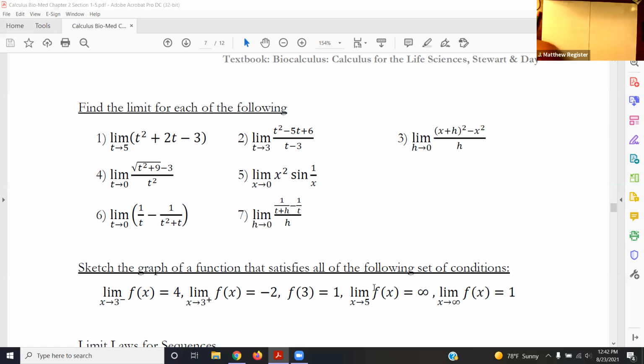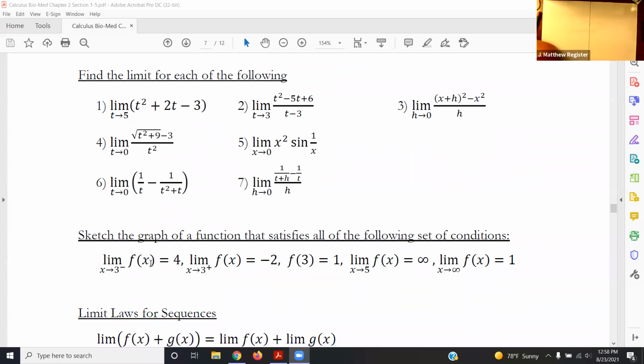Let's share the screen so that you can see this next problem. Now, this next problem is asking to sketch a graph. It says sketch a graph which has the properties: limit as x goes to 3 from the left of the function is equal to 4. The limit as x goes to 3 from the right side is equal to negative 2.